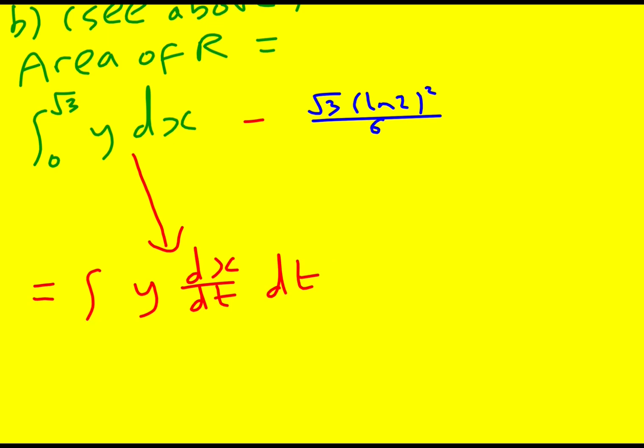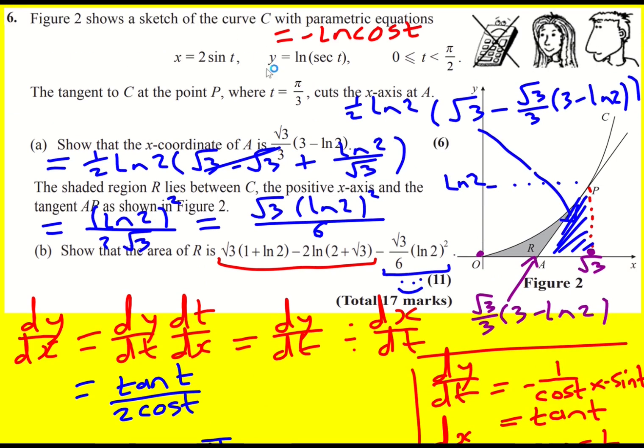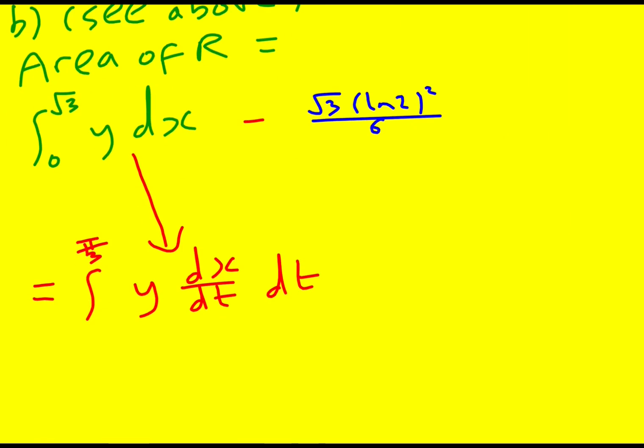And then I'm going to integrate. Remember, it was at pi over 3 that the value of t was for this point. I just need to look at what the value of t is when x is 0. We can see that if x is 0, sine t is 0, so t is equal to 0 on this interval. Okay, so that's our next bit.